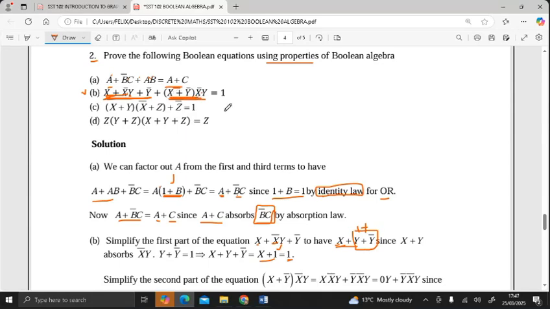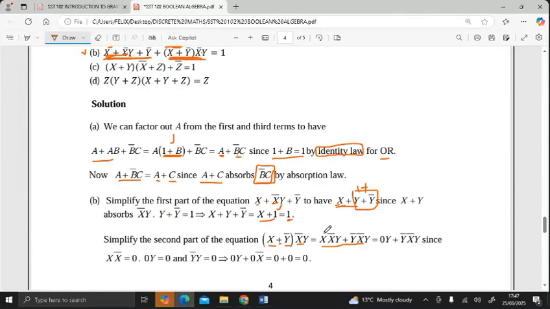So we shall have here x, look at that. We shall have x or 1, and that is exactly what we have here. X or 1 is equal to 1, right? Because of that domination, you see? So we have that to be 1. Now we simplify this part by breaking, of course, it is by distributivity property.